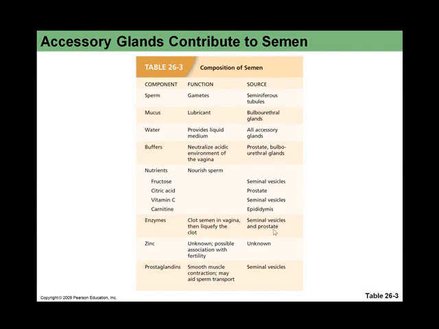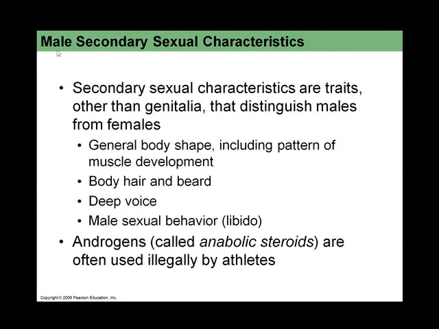So the seminal vesicles and the prostate will contribute these enzymes. Zinc, we're not really sure what it might be doing. Possible association with fertility, and the source is unknown. Prostaglandins will affect the smooth muscle contraction and may aid the sperm transport, and they're coming from the seminal vesicles.